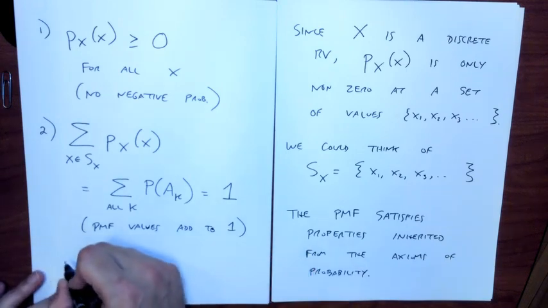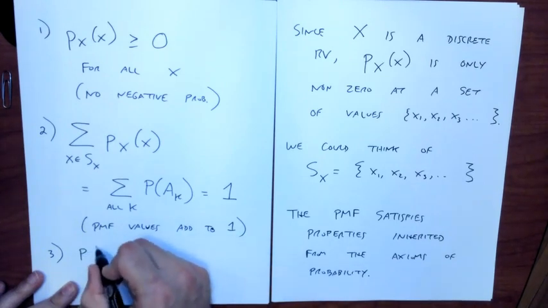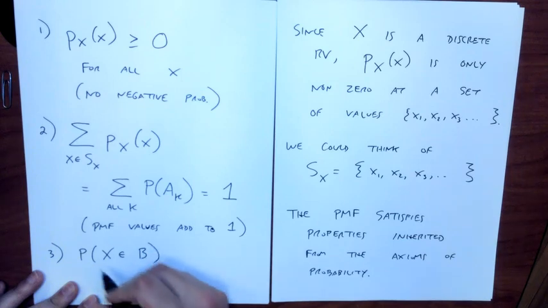And then if I say, for an event, the probability that x is in some set, now remember, this is a real number now, so this is kind of a subset of the real line.